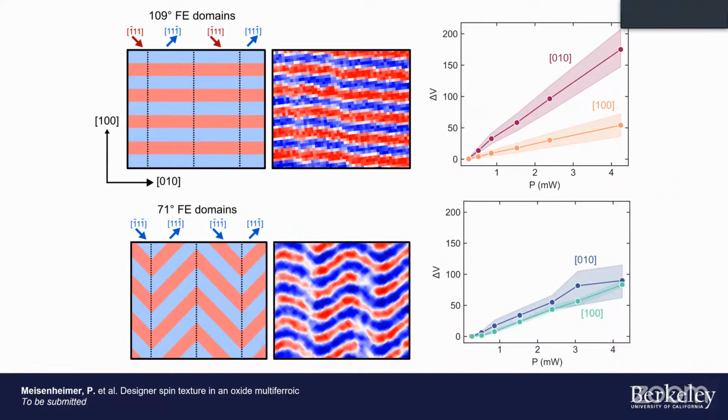We can compare that to the other sample where we have a nice zigzag pattern, where when we excite a magnon in the up-down direction versus the left-right direction, we don't see this anisotropy. They sit right about on top of each other, which is, in a toy model sense, what we might expect. We have no net propagation of the cycloid in this case, and so we would expect no net anisotropy.